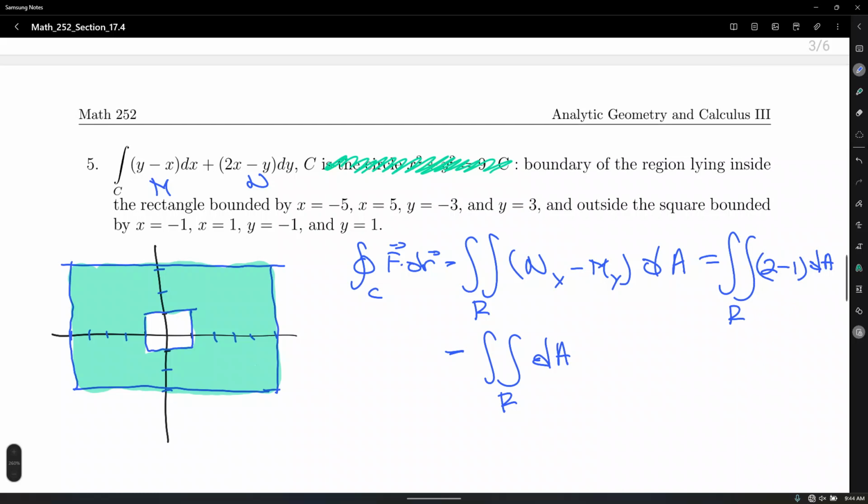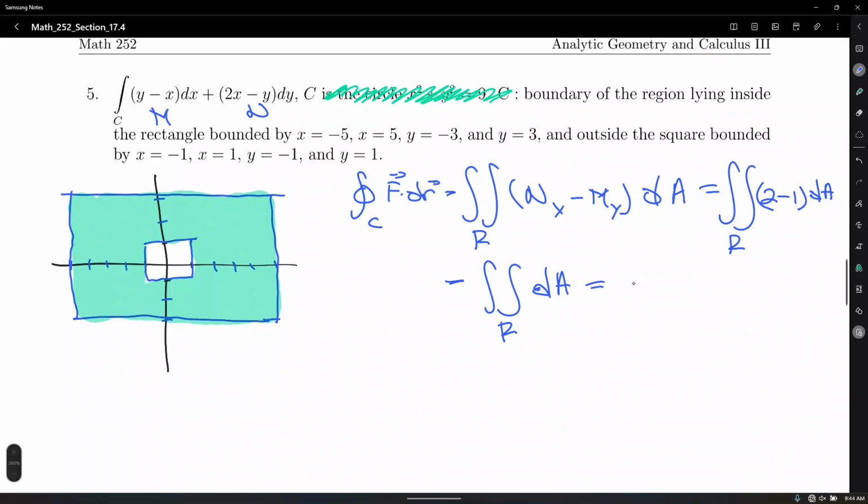So this is equal to the area of the rectangle minus the area of the square. What's the area of the rectangle? Careful with the dimensions because it's going between -5 and 5. The length is 10 units. What's the width, from -3 to 3?